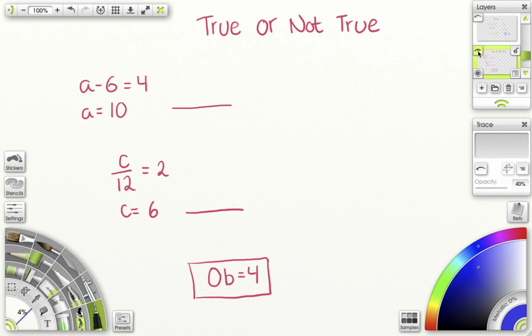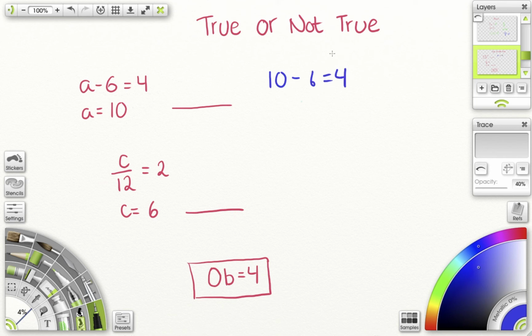Today what we're going on to do is called true or not true. So you basically are given problems like this one right here. a minus 6 equals 4, a equals 10. What you're doing is you're plugging in your number, so 10, where the a is. So I'm going to do 10 minus 6 equals 4.